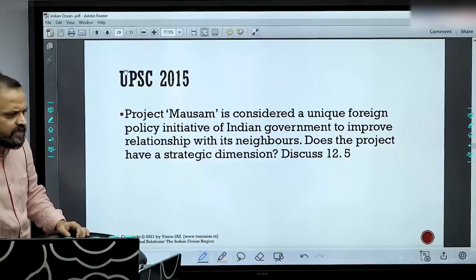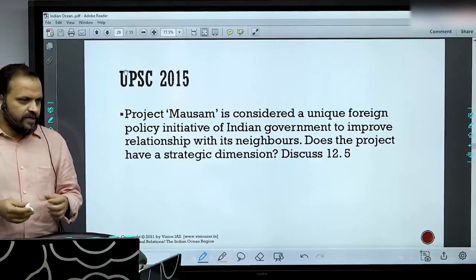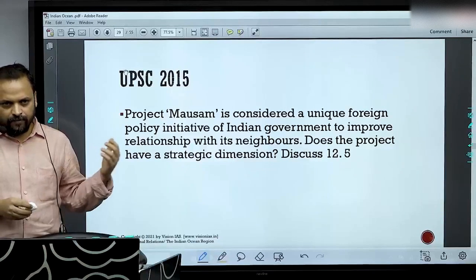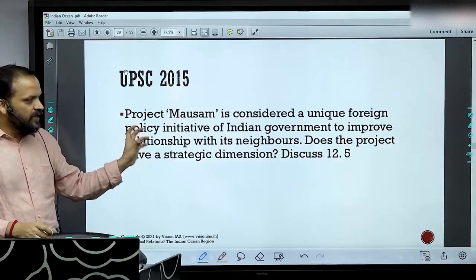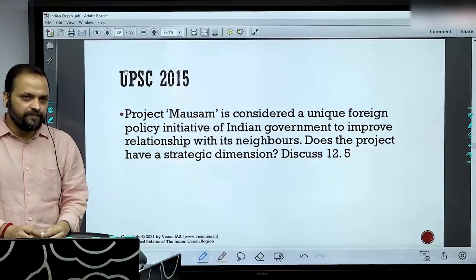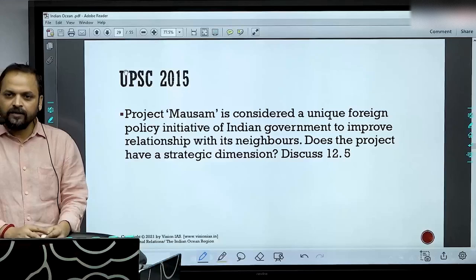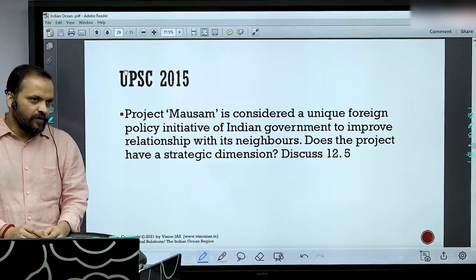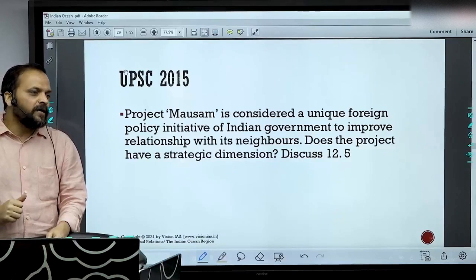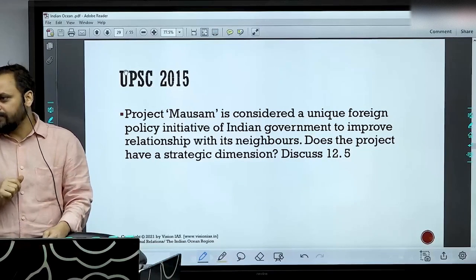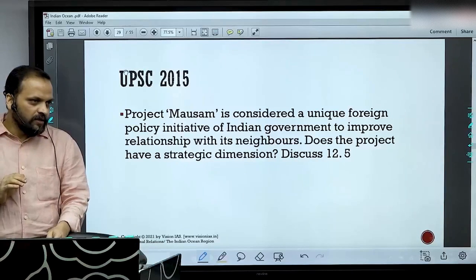In recent years UPSC has asked exactly this question in Mains from the Indian Ocean, right? So from recent years you don't have any other example, but this is the example, and this is the example where Indian Ocean is nowhere mentioned in the question, right? But ultimately it is a question about the Indian Ocean in India's foreign policy. Smart students would start using SAGAR, net security provider, terms like that in the answer, because now you have understood what is India's approach, what is India's role, right?